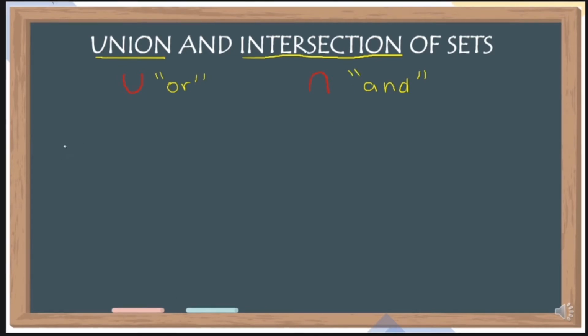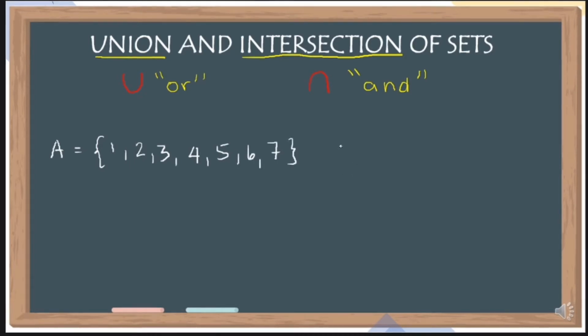Now, let's start. Let's say we have set A at ang elements ng set A ay 1, 2, 3, 4, 5, 6, okay, and 7. And let's say we have another set at ang elements ng set na yan ay 1, 3, 5, 7, and 9.